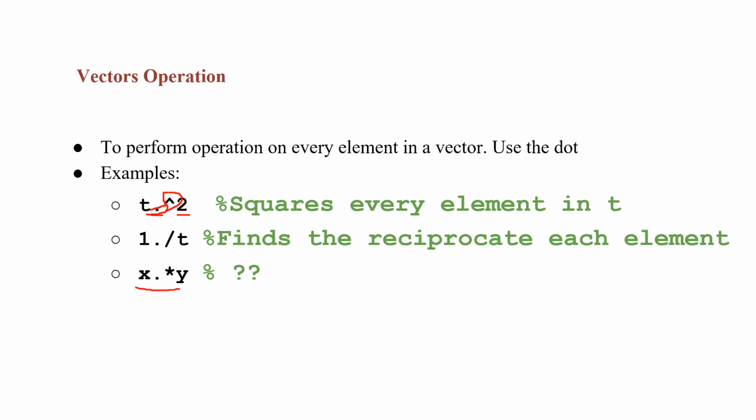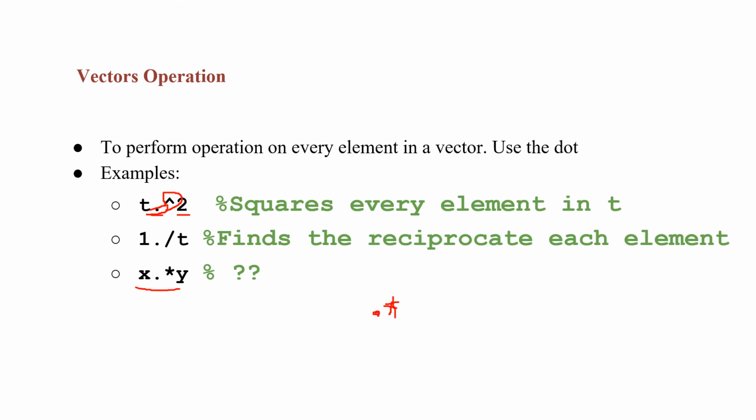But you have to pay attention to the fact that using element-wise operation, meaning the dot followed by the operator between vectors, will require that these vectors have the same size.